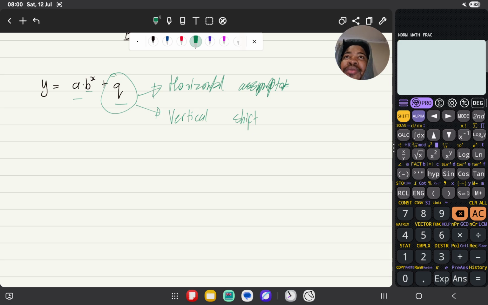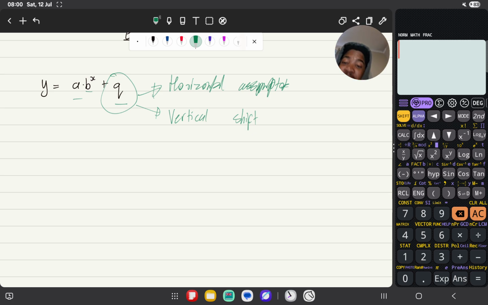So A, let it be something that tells you in relation to your asymptote, where your function is going to be. In relation to your asymptote, what are the effects of A?